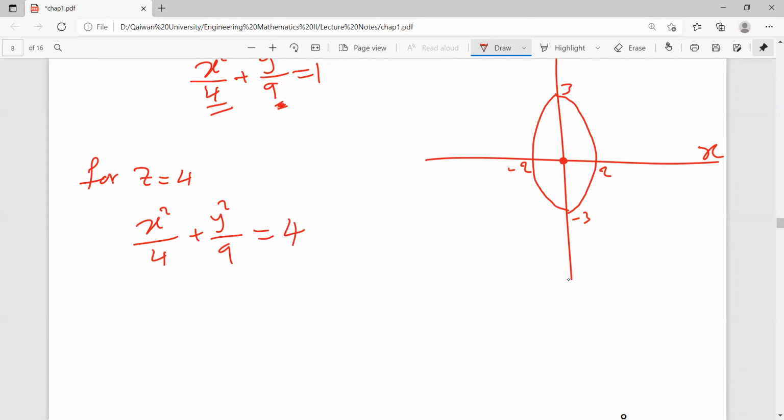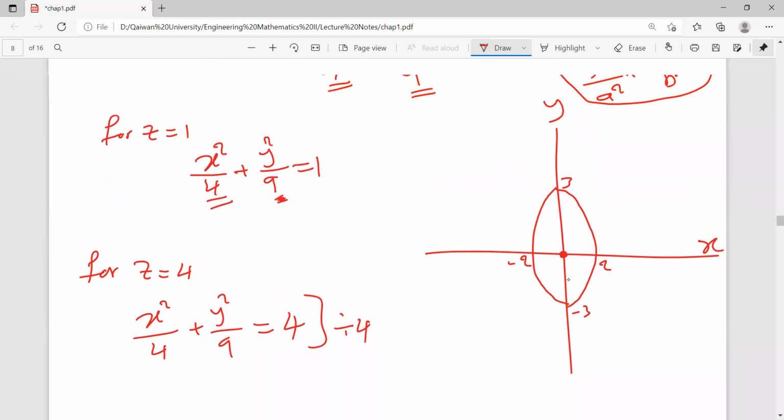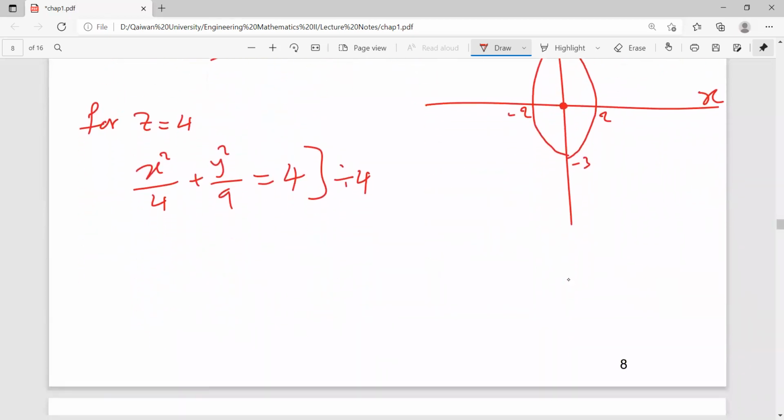We should divide both sides by 4 first to get 1 on the right-hand side, to get the general form of the ellipse equation. Here we get x squared over 16 plus y squared over 36 equals 1.